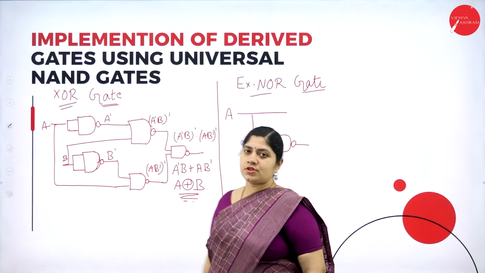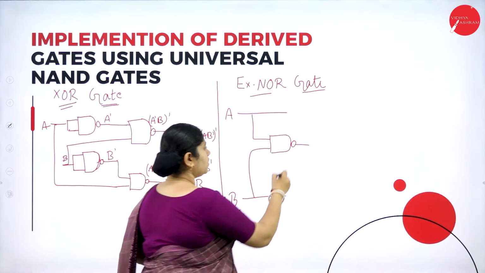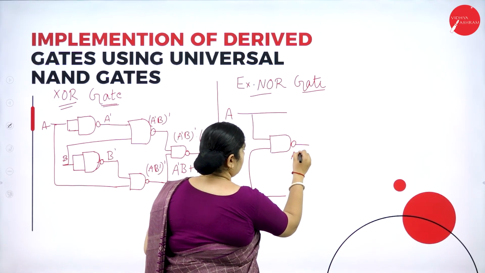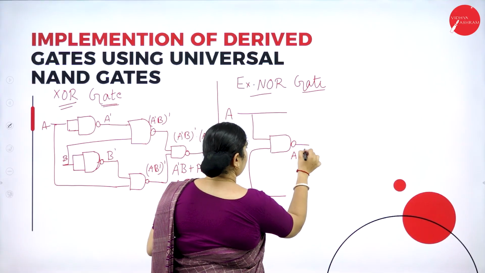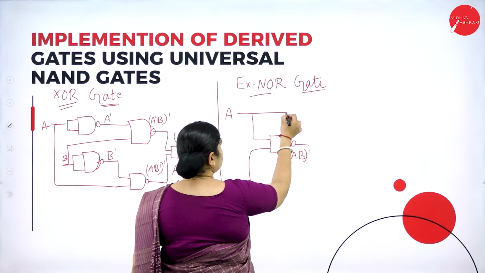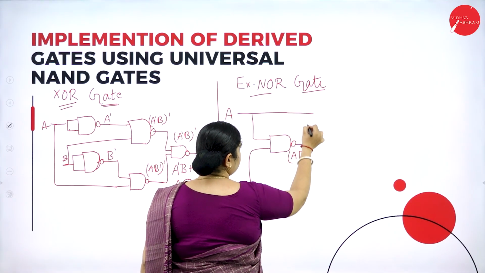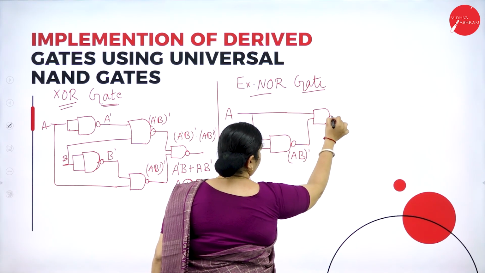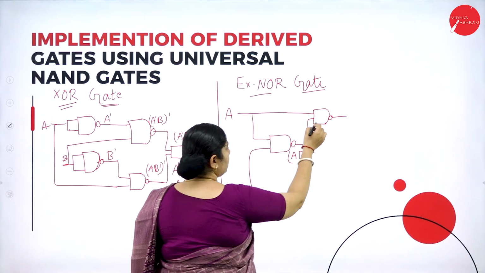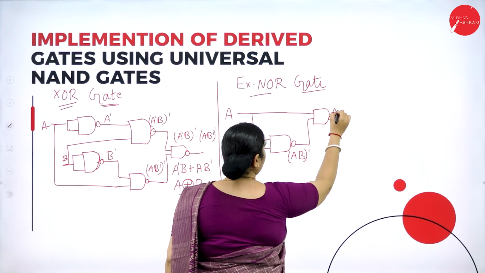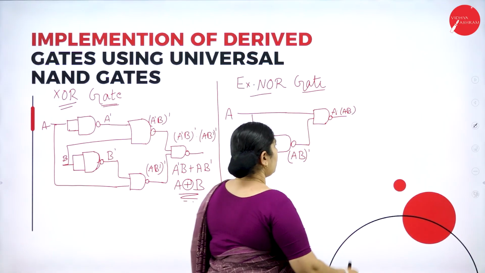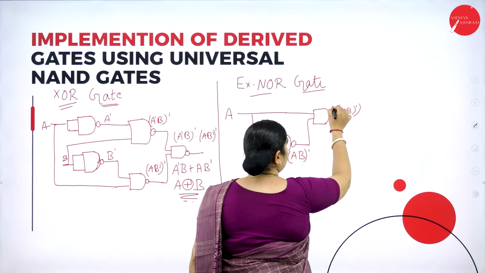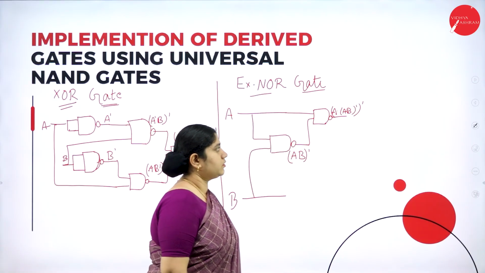With this output, what we get here is none other than (AB) whole bar, correct? Next, with this output, let's continue drawing one more NAND gate, where we will be yielding A into (AB) whole bar, followed by bar.